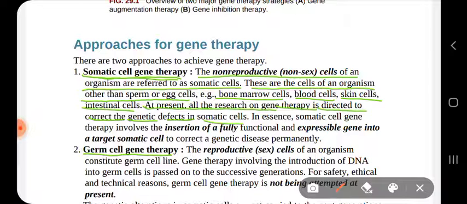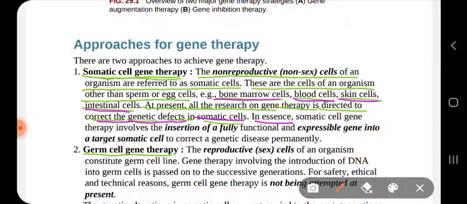So in somatic cell gene therapy, the normal cells we use are bone marrow cells, blood cells, skin cells, and intestinal cells. At present, all research on gene therapy is done to correct genetic defects in somatic cells, not on germ cells.